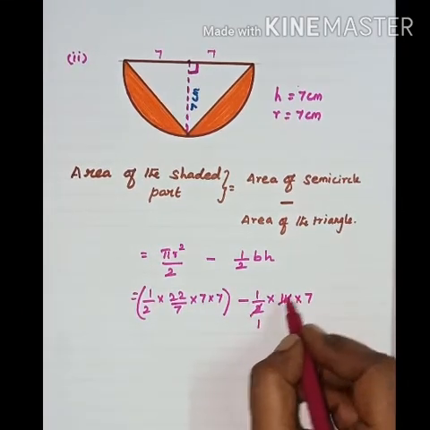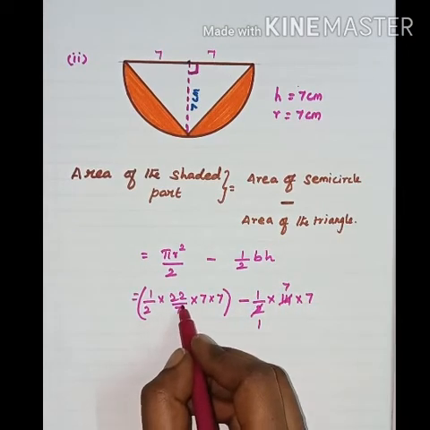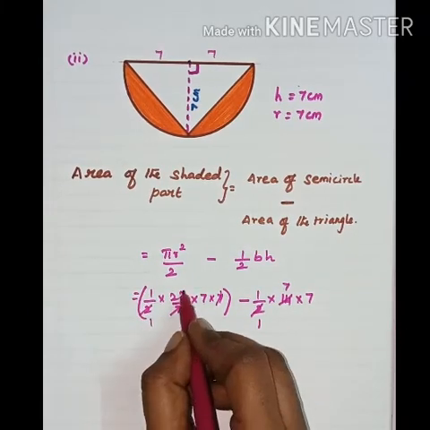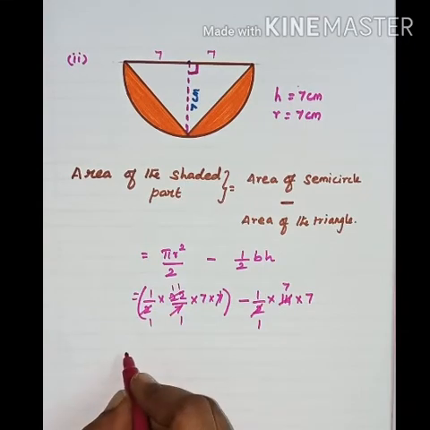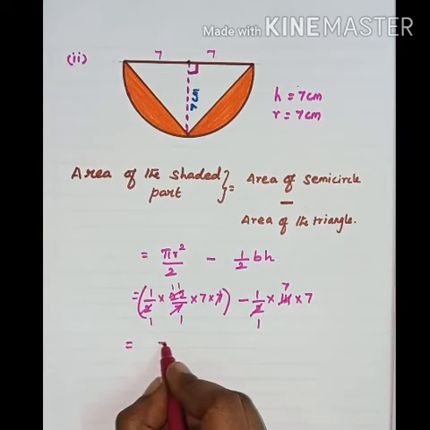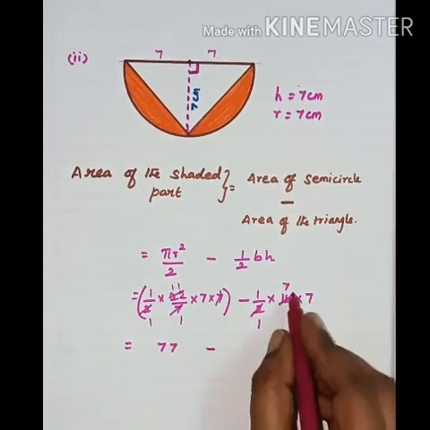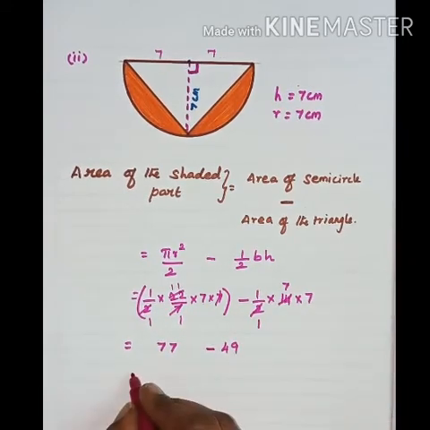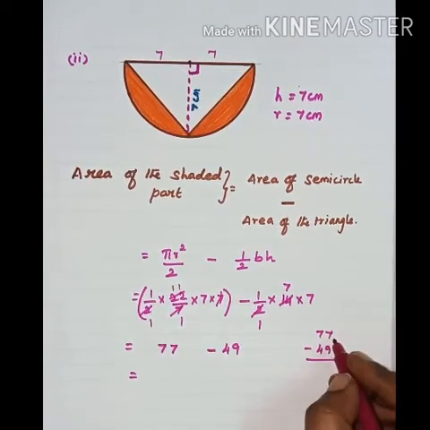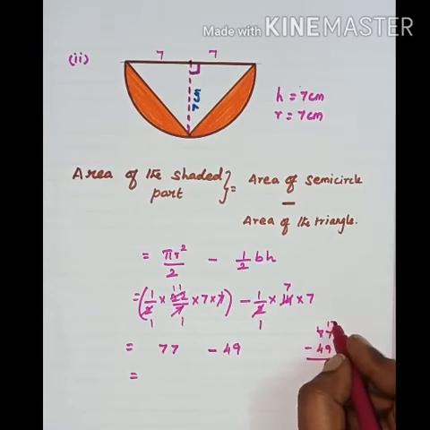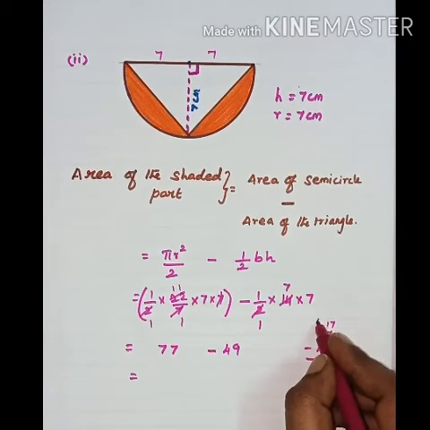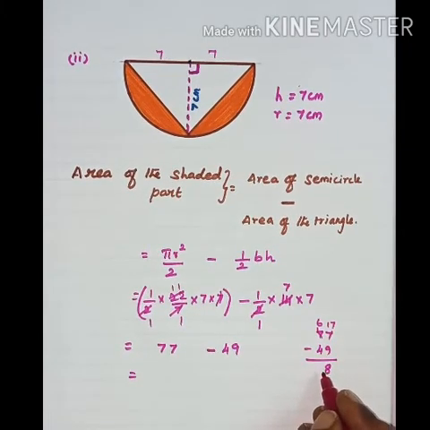1 2s are 2, 7 2s are 14. 1 7s are 7, 1 7s are 7. 1 2s are 2, 11 2s are 22. 11 into 7 is equal to 77, minus 7 7s are 49. 77 minus 49. 17 minus 9 is 8. 6 minus 4 is 2.